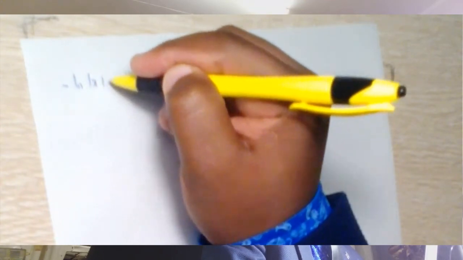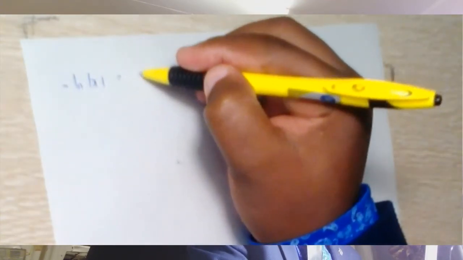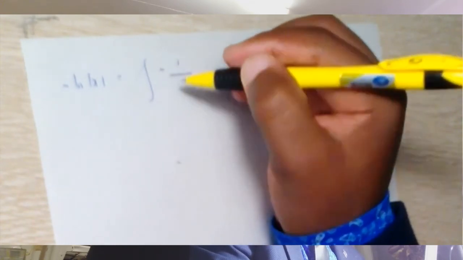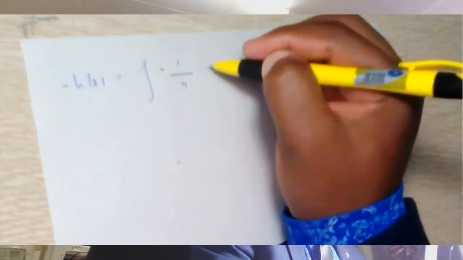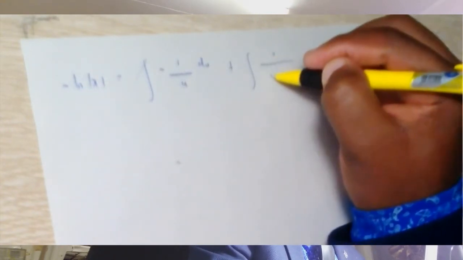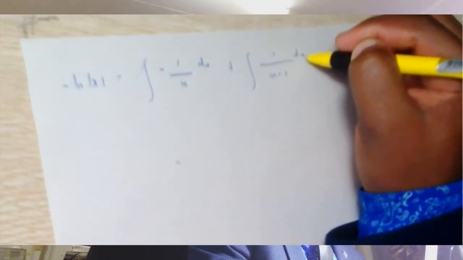So now rewriting my equation, I would have negative ln of x is equal to the integral of negative 1 divided by u du plus the integral of 1 divided by u minus 1 du.